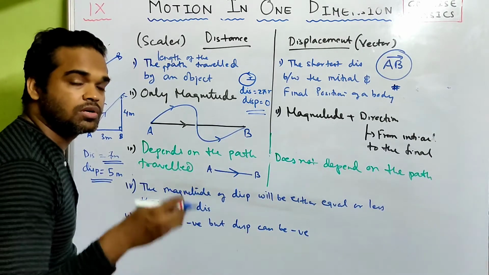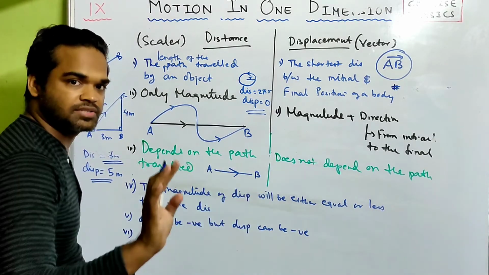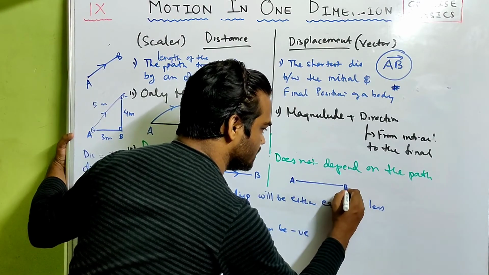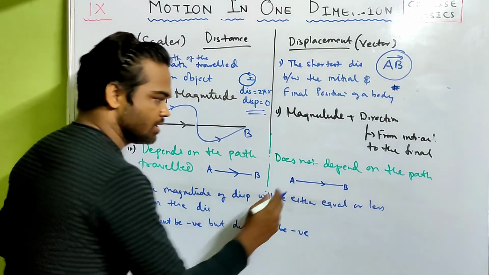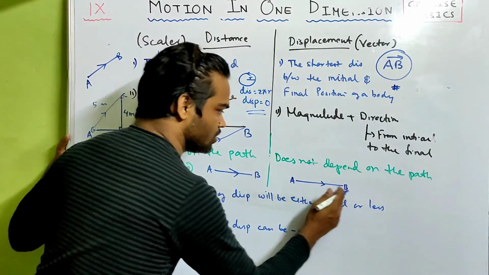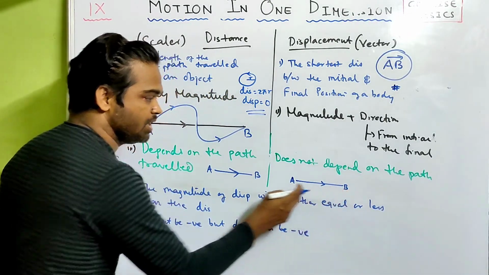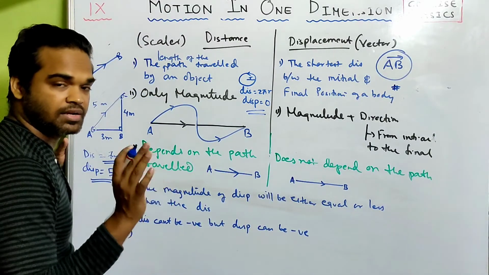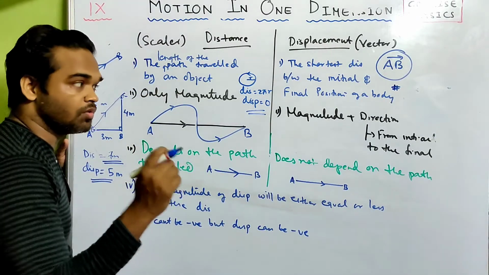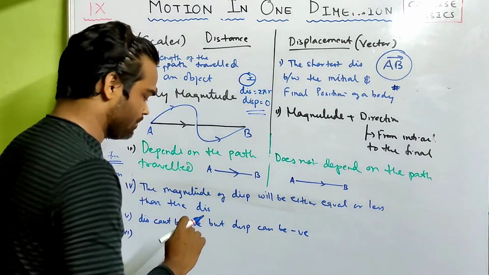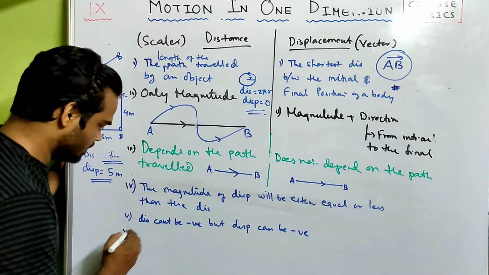Suppose you move from A to B, then AB is a positive displacement. But if the person moves from B to A, then it will be negative. The direction reverses. So the vector quantity becomes negative. Am I clear?